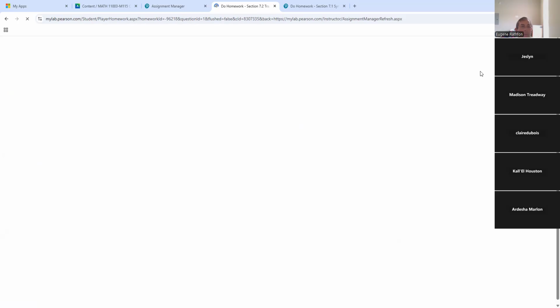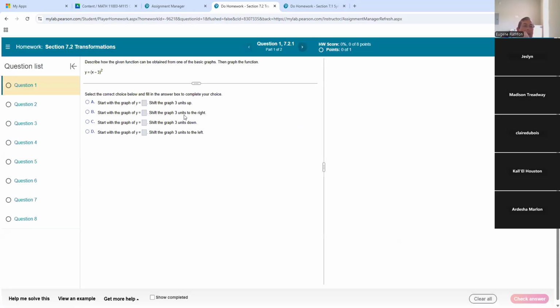So let's go to number 1. All right, so the first thing, they want to describe how it can be obtained by one of my basic graphs. Then we're going to graph it. So notice this one. y equals (x minus 3) squared. Since we got an exponent of 2 on this one, we know it's going to be the x squared graph.